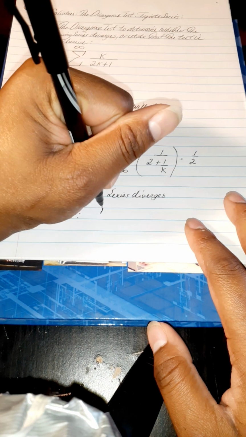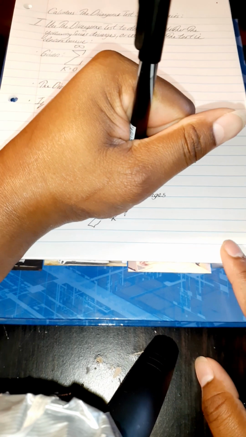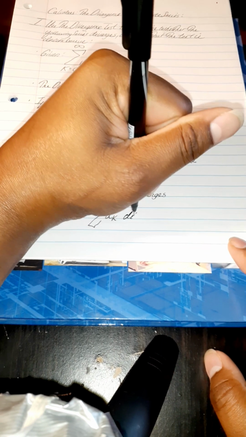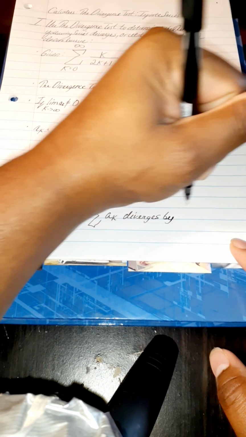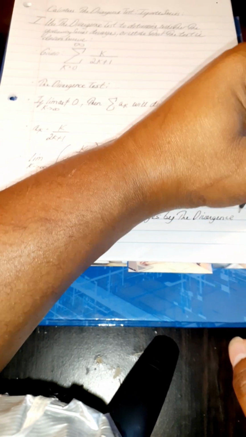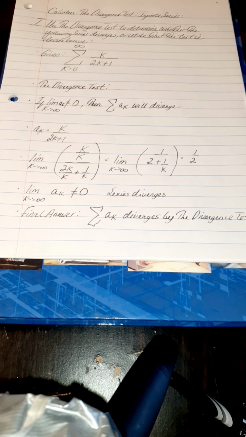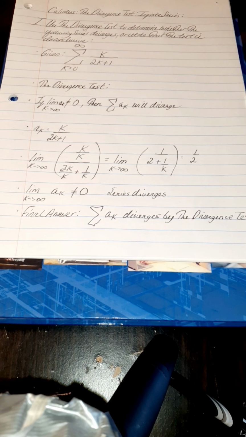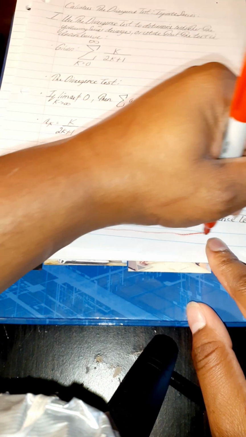So in this case, we can say that by the divergence test, the series we're given, a sub k, diverges, because the limit as k goes to infinity of a sub k does not equal 0. So that is going to be your solution.